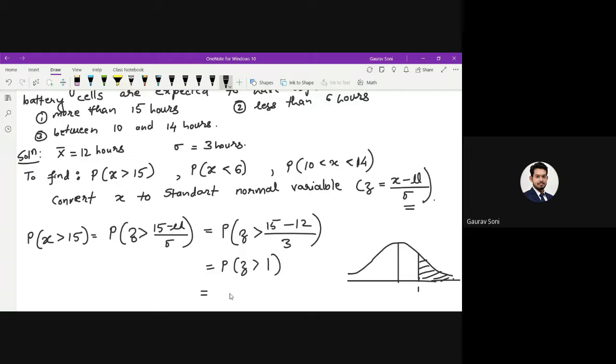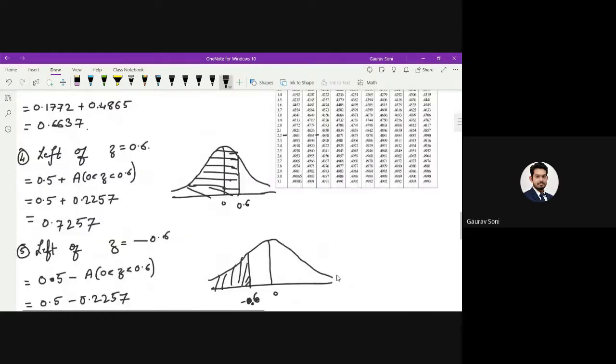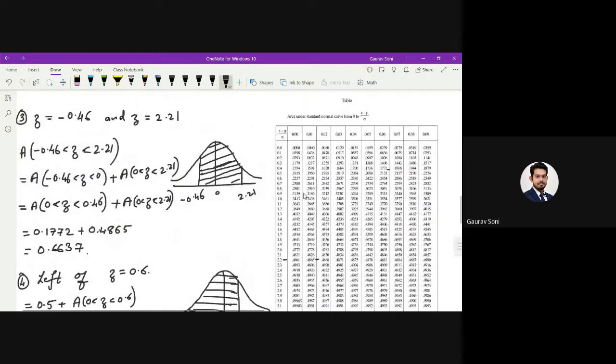That will be 0.5 minus P of 0 less than Z less than 1. Now go to the statistical table. Look at 1.0.